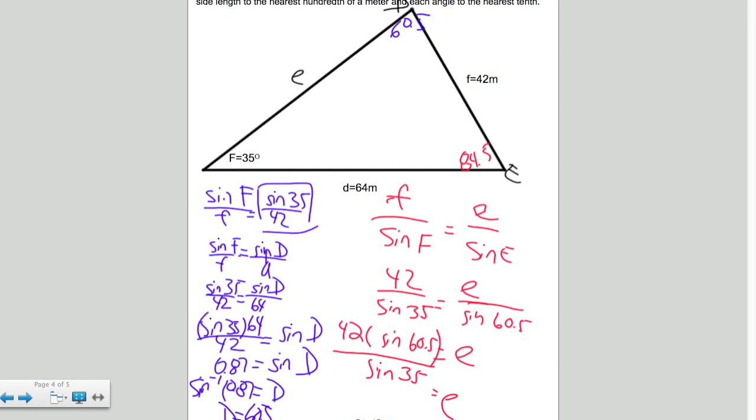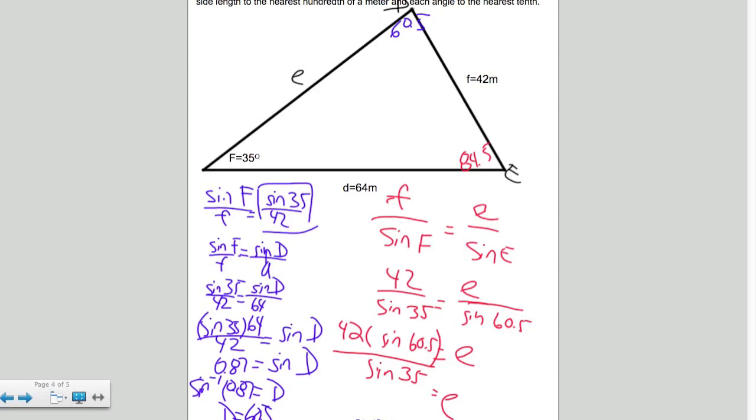So e is equal to, the calculator, 42 times sine of 60.5 divided by sine of 35. 63.73? No? I got 72. Or about 72. Oh, what?